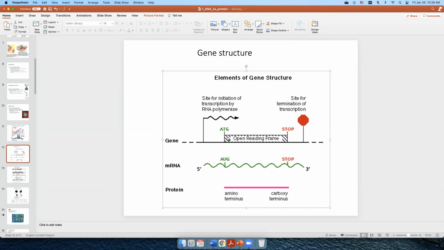So it can record the message from the gene or DNA, and then the mRNA will carry the message out of the nucleus and then be translated into proteins.